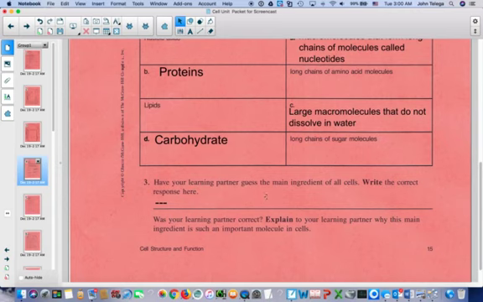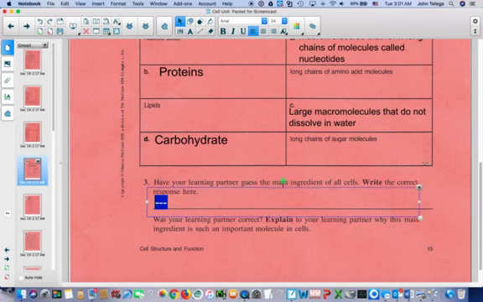So have your learning partner guess the main ingredient of all cells. And I bet you've already guessed it. The main ingredient of all cells is water.